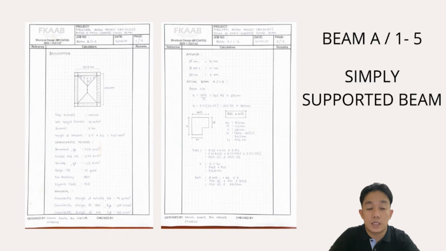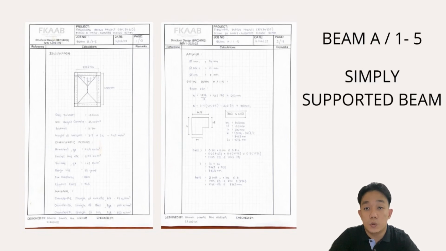The characteristic actions are all the same, which are the permanent Gk of 4.69 kilonewton per meter and the Qk of 1.63 kilonewton per meter. The fire resistance we use is R60 and the exposure class is XC3. The characteristic strengths of concrete fck and fyk are the same, 25 and 500 for both.